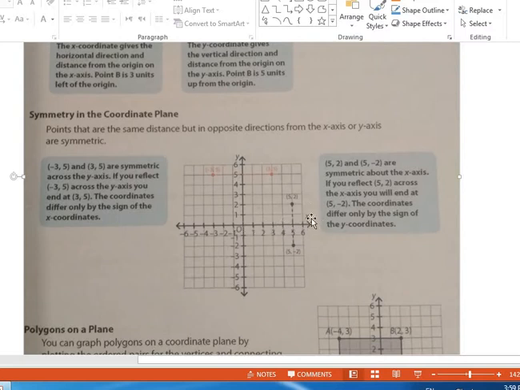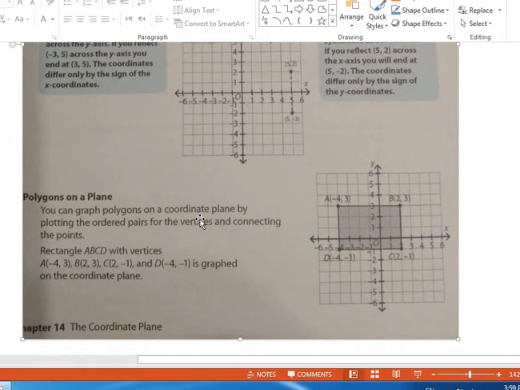Do you know now the meaning of symmetric? If you reflect (5, 2) across the x-axis, you will end at (5, -2). The coordinates differ only by the sign of the y-coordinates, 2 and -2.